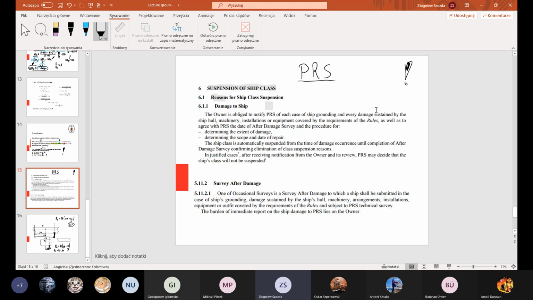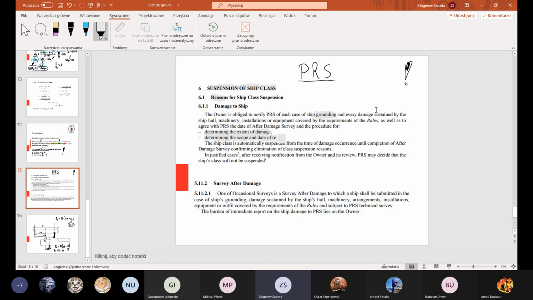And the owner shall notify of each case of ship grounding. So I highlight the word grounding and every damage, okay, to the ship, hull, machinery and so on, as well as agree on the date and the procedure for determination of the extent of damage and determination of the scope and date of repair.